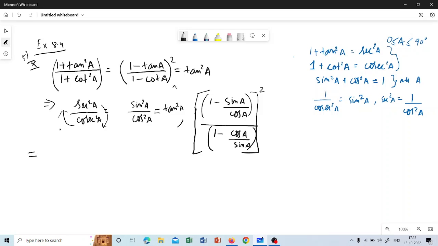Now if I start taking LCM, it will be (cos A minus sine A) by cos A, whole square. I will split this and write it for convenience, the numerator and denominator separately.